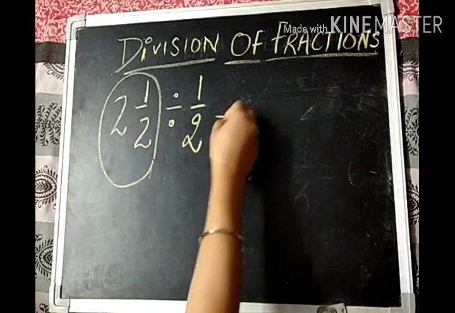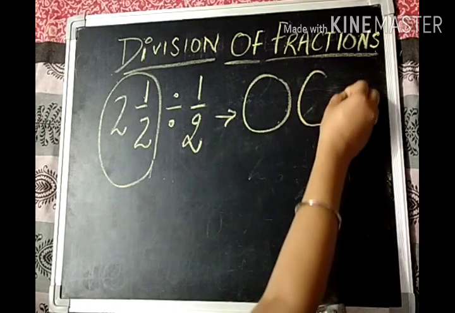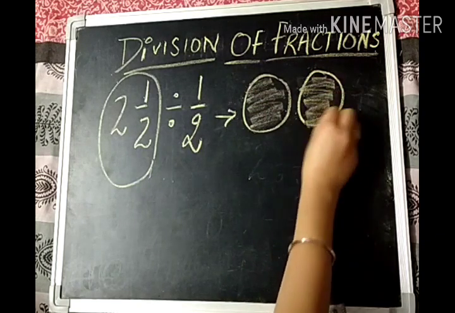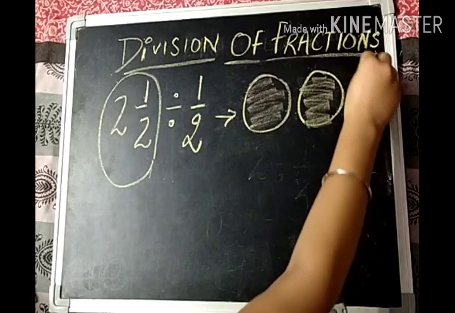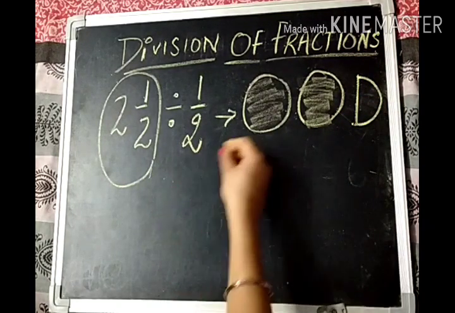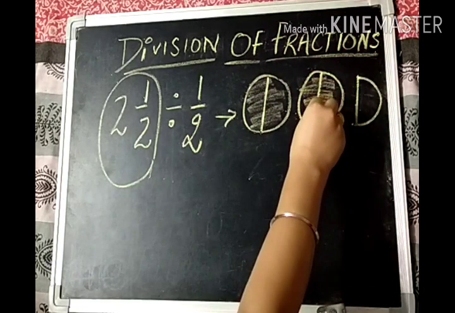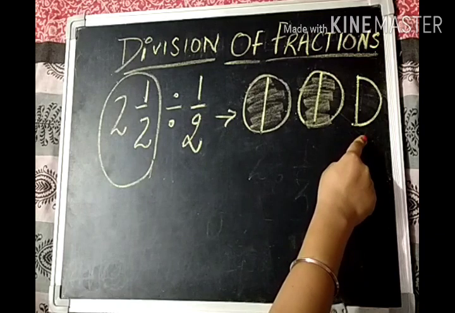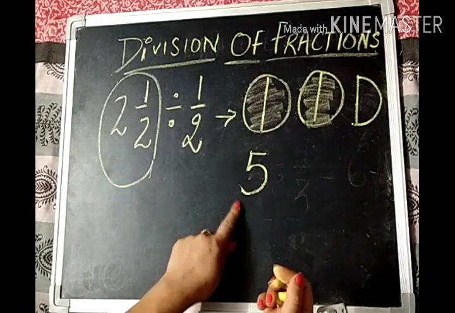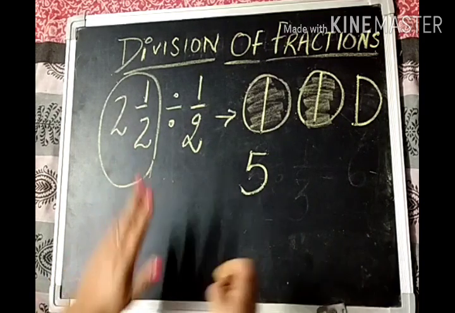Let us draw these chocolates over here. 1, 2, 2 full, and a half chocolate. How many pieces of half size can we take out from it? 1, 2, 3, 4, 5. So we can take out 5 halves from 2 full and half.